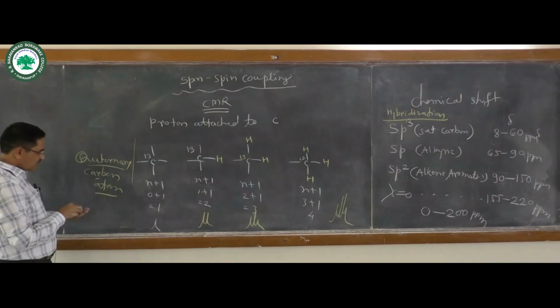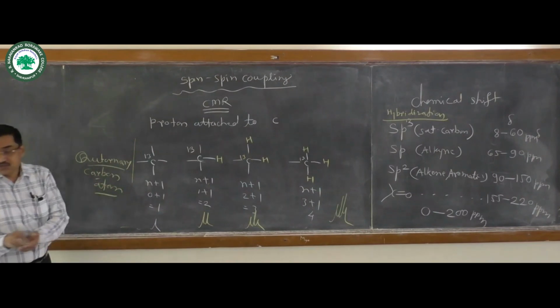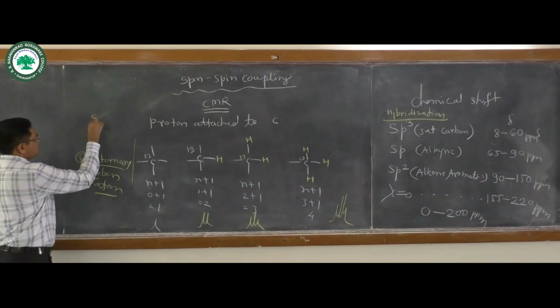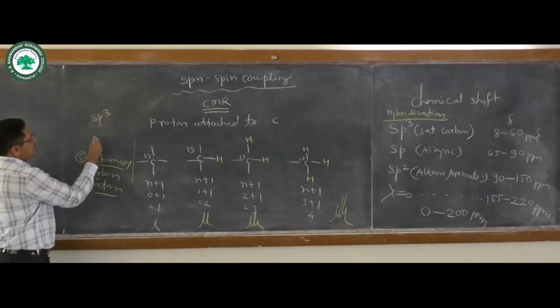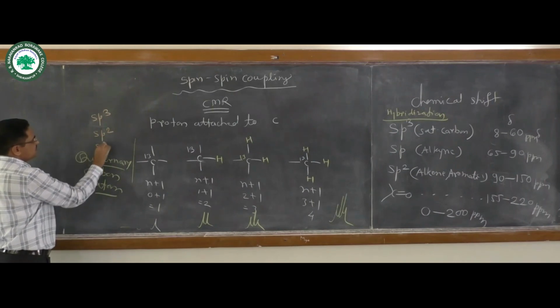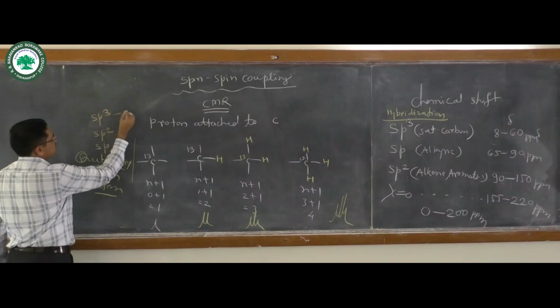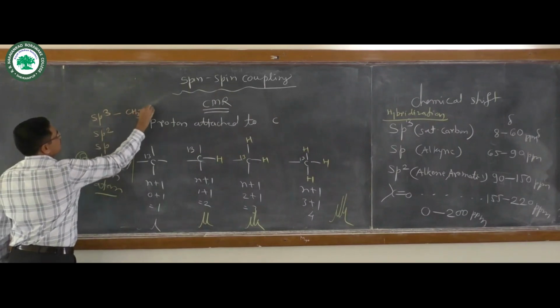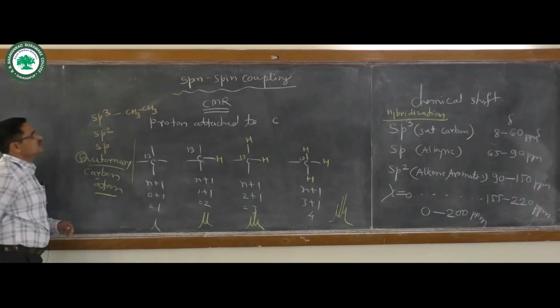And a quaternary carbon atom is observed in sp3, and also in sp2 as well as in sp. Suppose in case of sp3, example ethane.